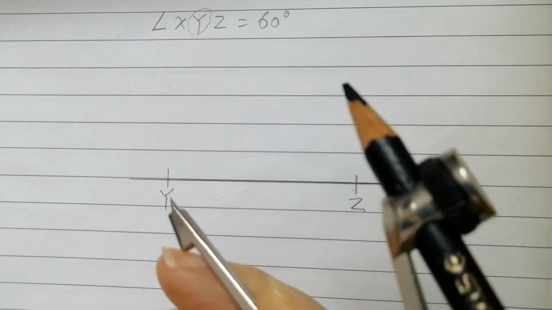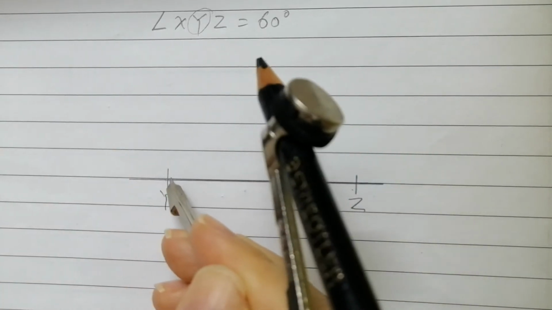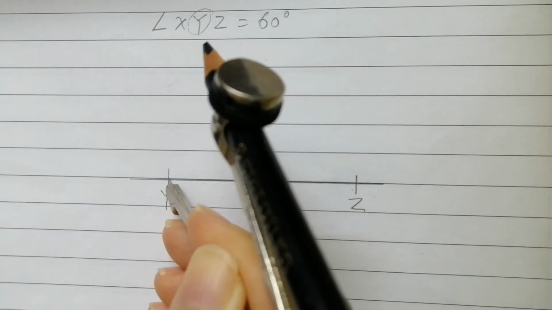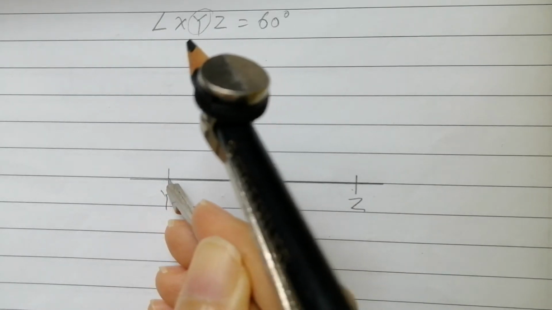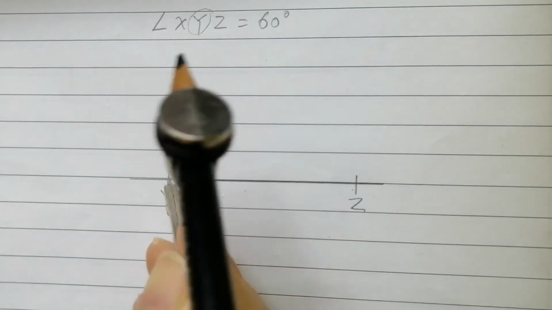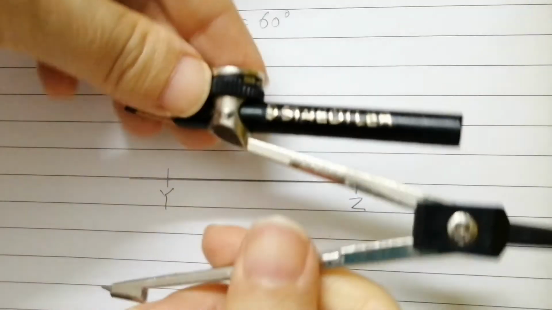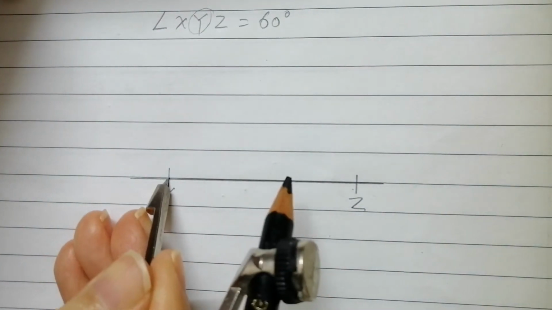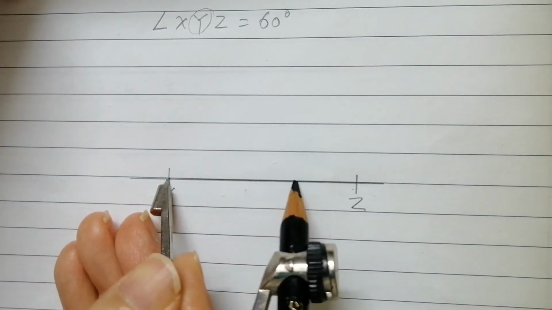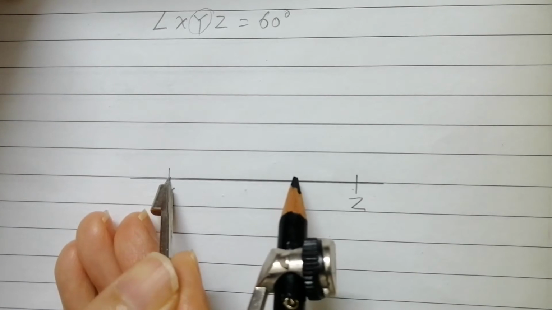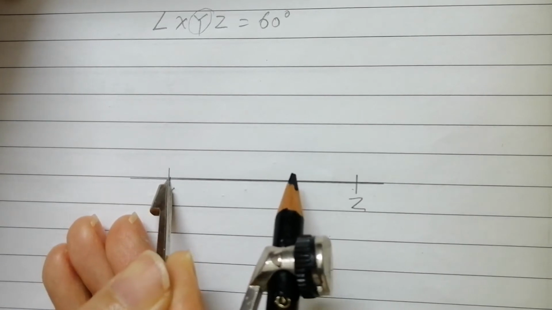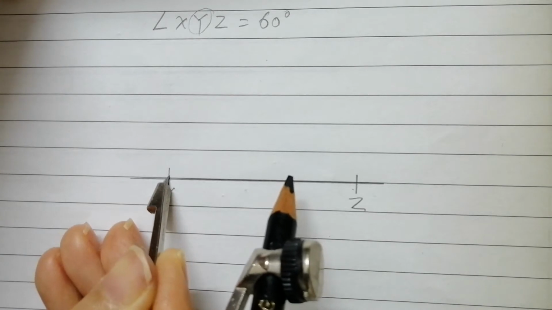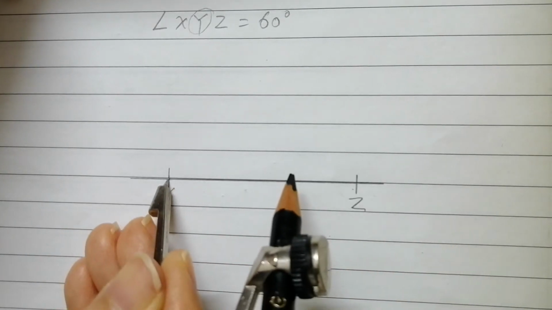The sharp part needs to be at that point where I want the angle to be. So first, I use a suitable length, slightly more than the midpoint of line segment YZ.